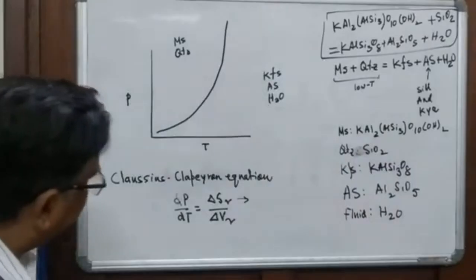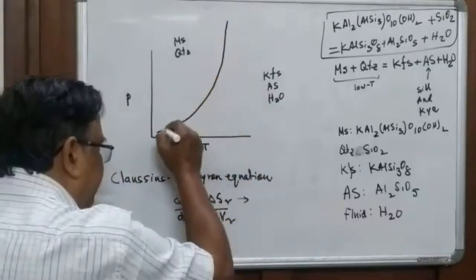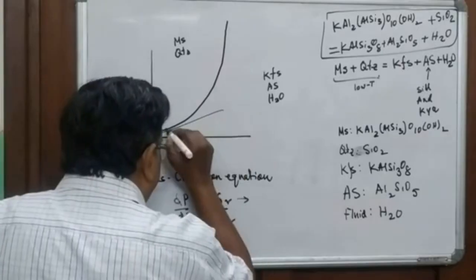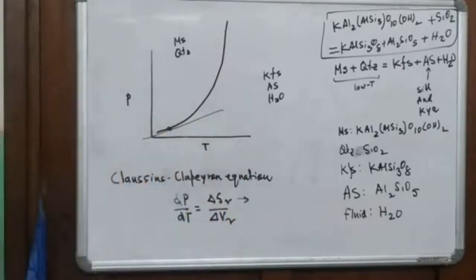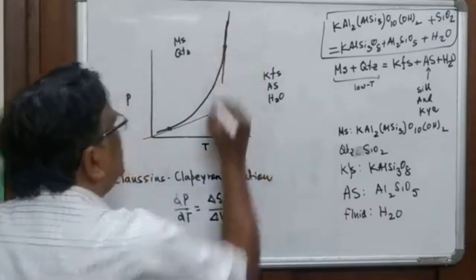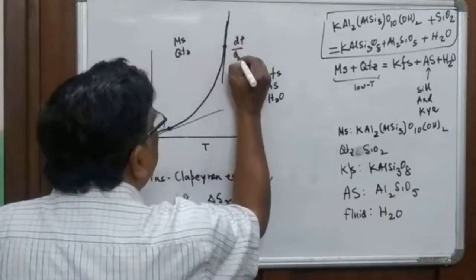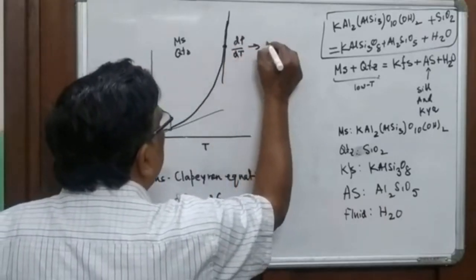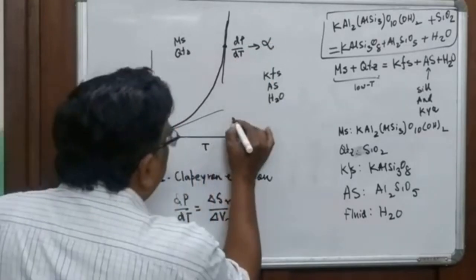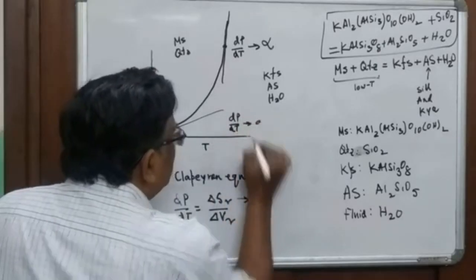So you see here, if this is the nature of the curve, and if I draw a tangent at this point, and a tangent at this point, you can see here dP/dT tends to infinity. Whereas if I take it here, dP/dT tends to 0.